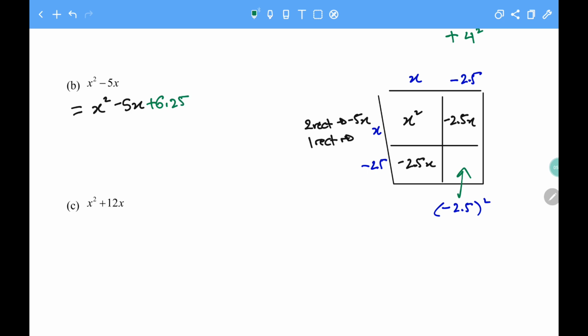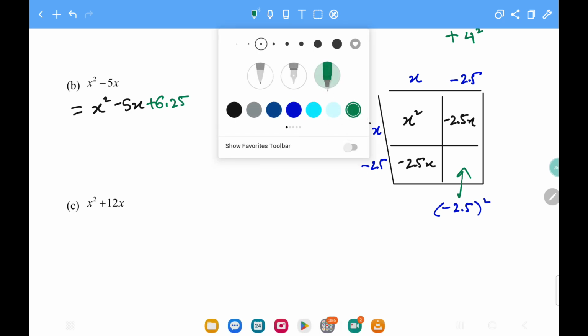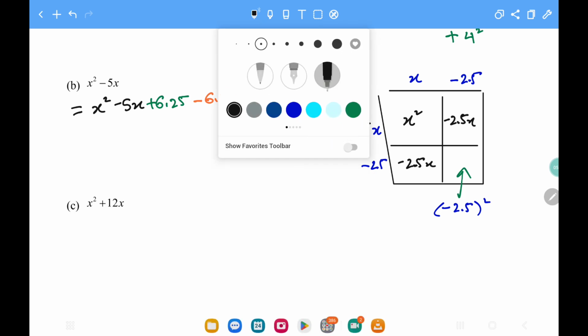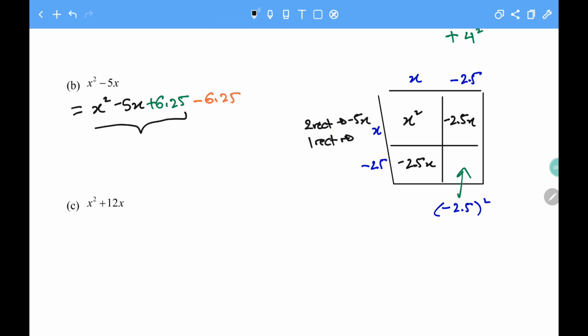Again, I need to make line 1 and 2 equal, so therefore at the back I must minus 6.25. The first 3 terms will help me to form the perfect square. Bring down this term here, minus 6.25.